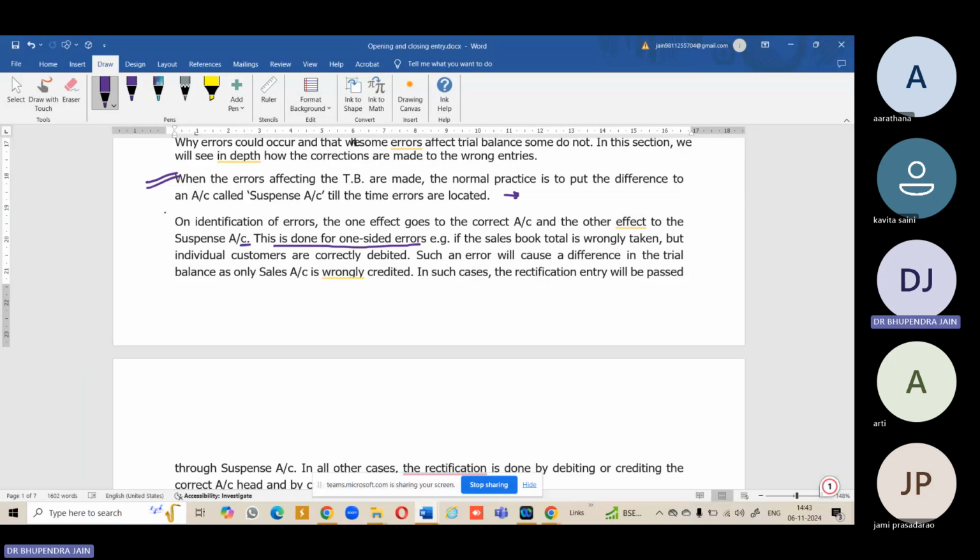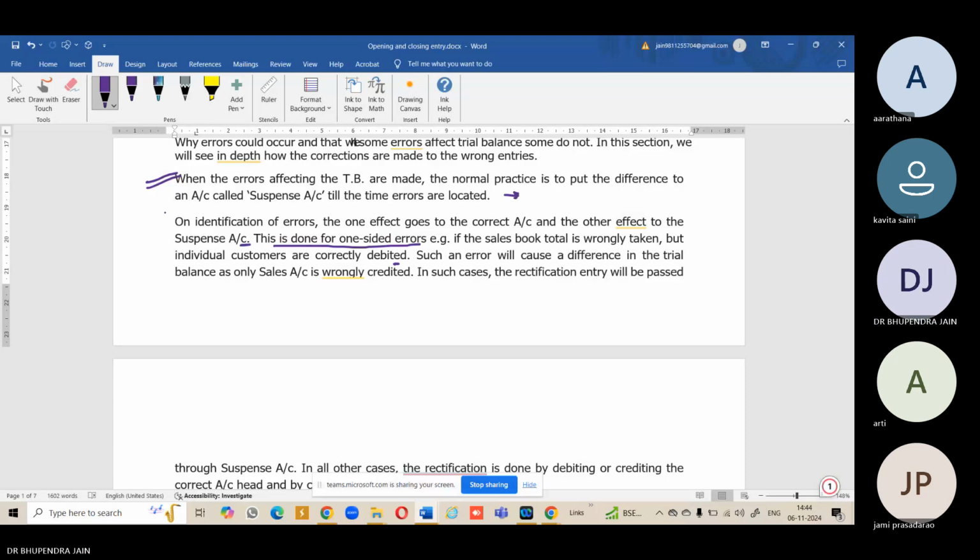If you made the mistake only on one side of an account, either debit side or credit side, then we will adjust the balance using the suspense account. For example, if the sales book total is wrongly taken, but individual customers are correctly debited, we have posted the right amount in the customer accounts, but wrongly transferred a different amount to the sales account.